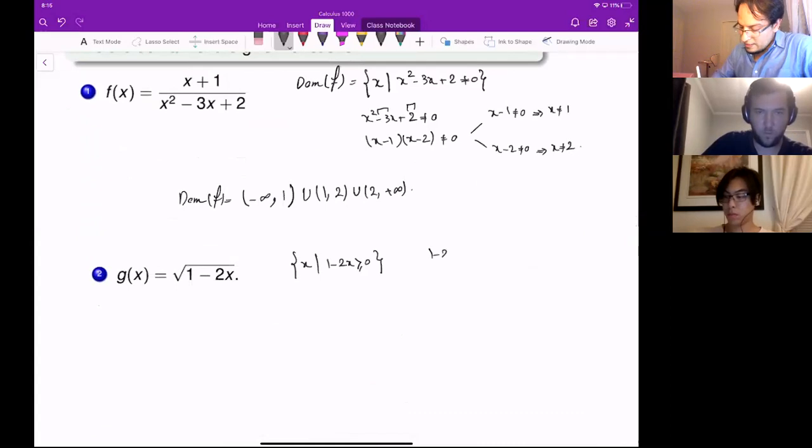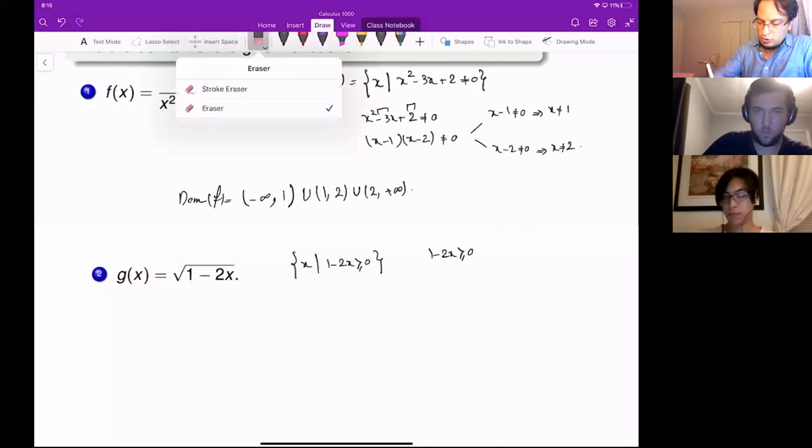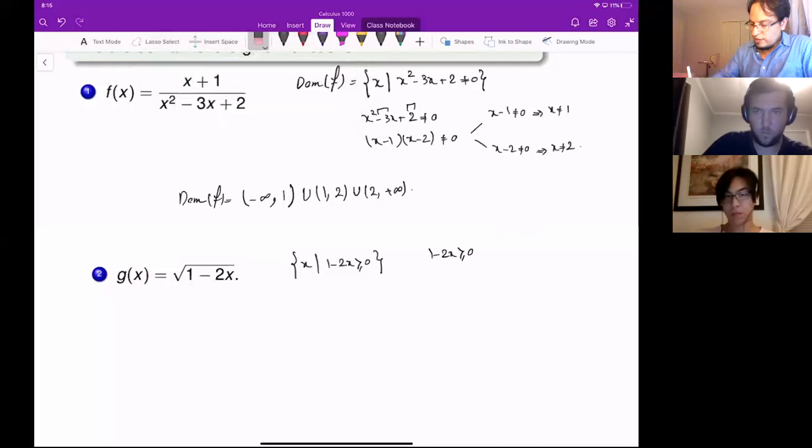To solve these inequalities, there is one general method, which is to find the sign table.